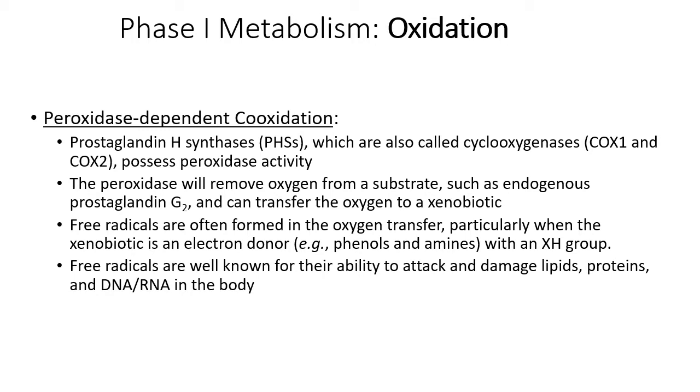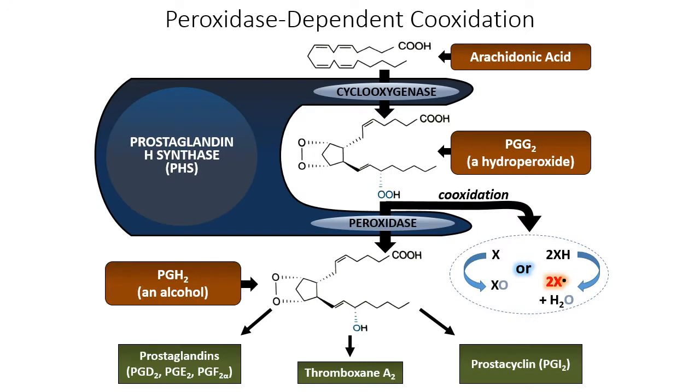So for instance, phenols and amines could be metabolized. And then the free radicals that are produced from these cyclooxygenases can be damaging in some cases. So this is the point. Again, the target of the NSAIDs would be the cyclooxygenases that convert arachidonic acid into a prostaglandin.